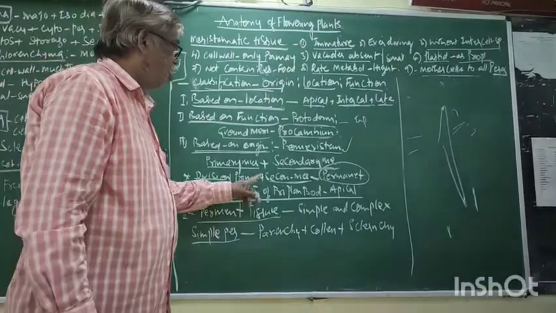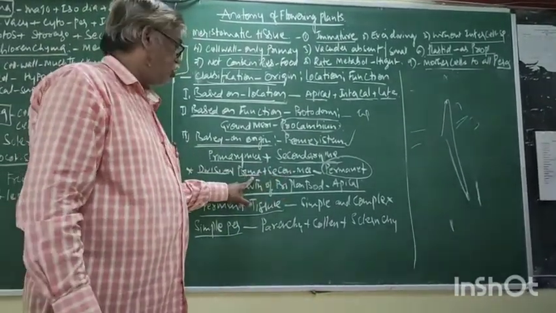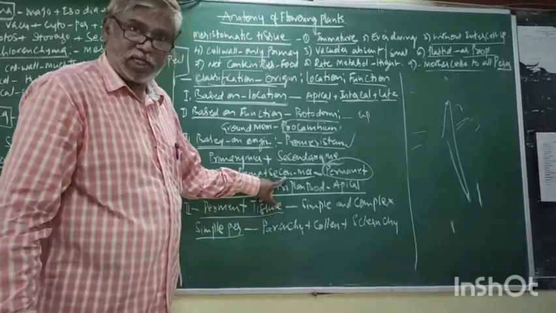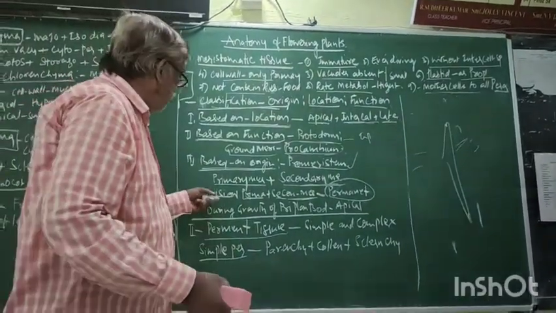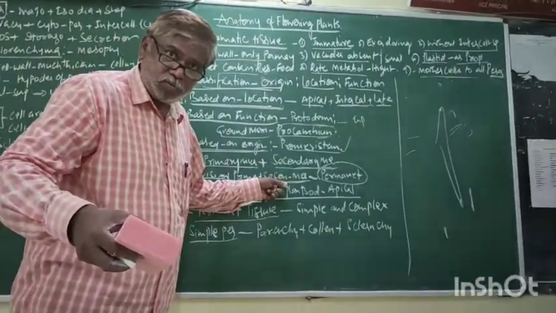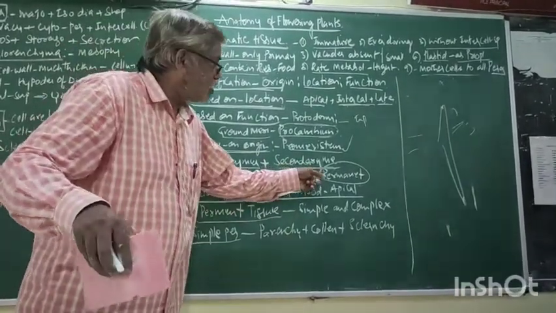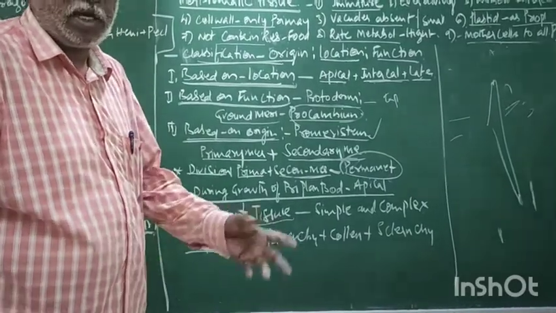The meristem is always dividing. The result of this division of primary and secondary meristem is permanent tissue, that means collenchyma, parenchyma, sclerenchyma, xylem, phloem.